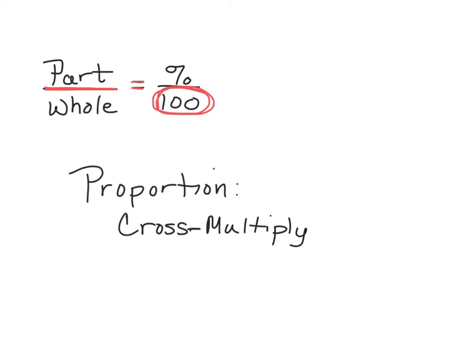And then out of the percent, the part, and the whole, we're going to know two of those three things. We're going to cross multiply to find the other thing. So we use that proportion, but a specific proportion, part over whole equals percent over 100, and we cross multiply to find the answer. You might want to write that one down on a piece of paper. We're going to use that a lot today.